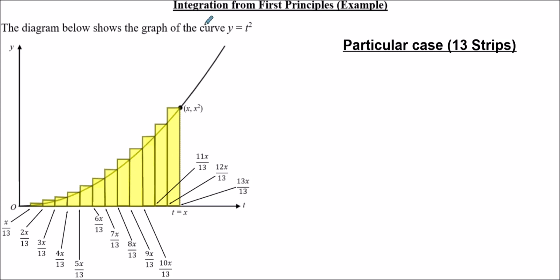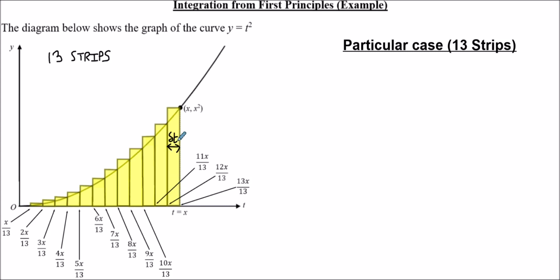So if we've got 13 strips, we can actually work out the area of each strip in a way. But first of all, what we need to do is work out the width. So if we have 13 uniform width strips, I'm going to say this is delta t.